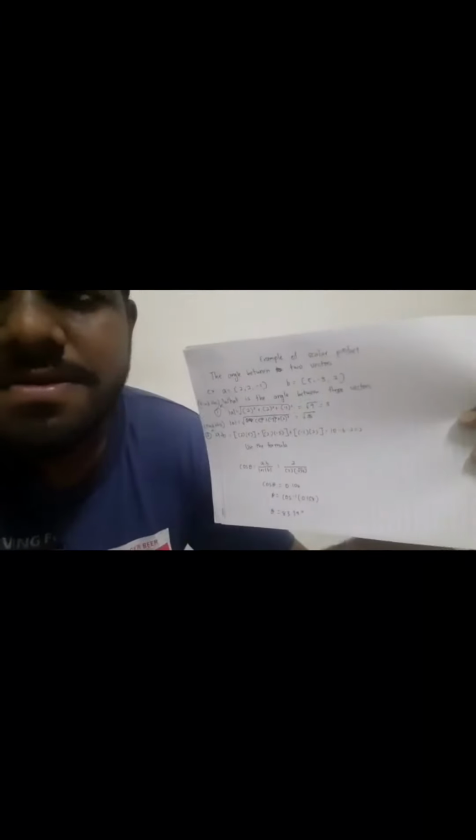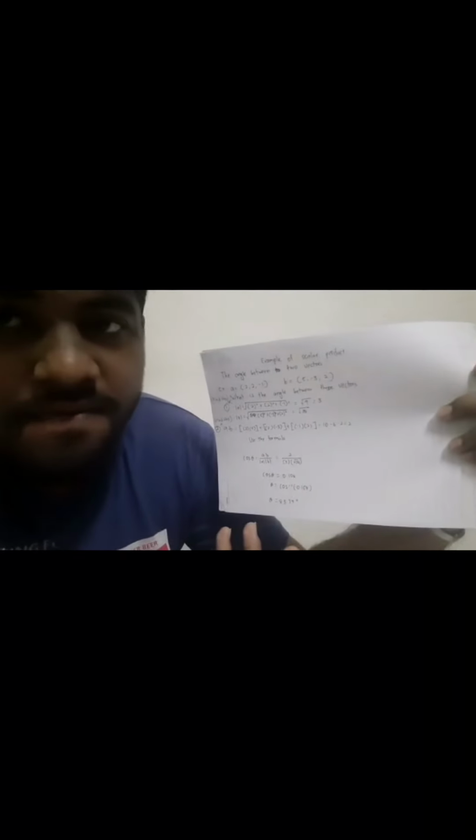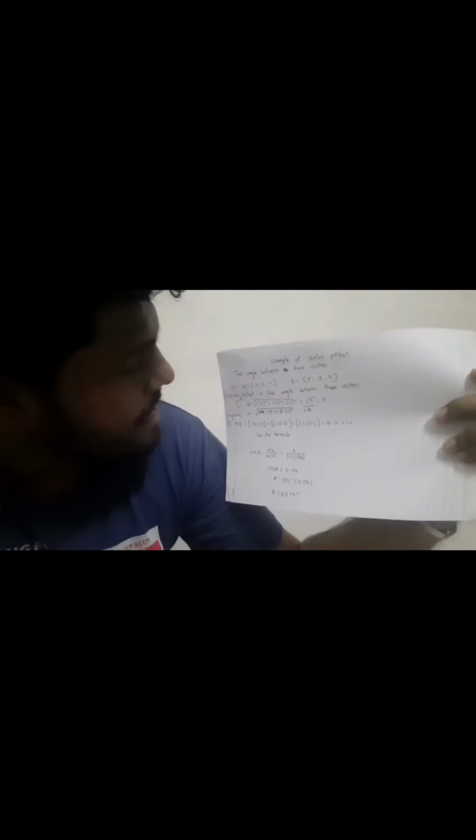I'm here to explain about the vector products, how to find the angle between two vectors. So we begin. As you can see here, this is an example of finding the angle between two vectors.